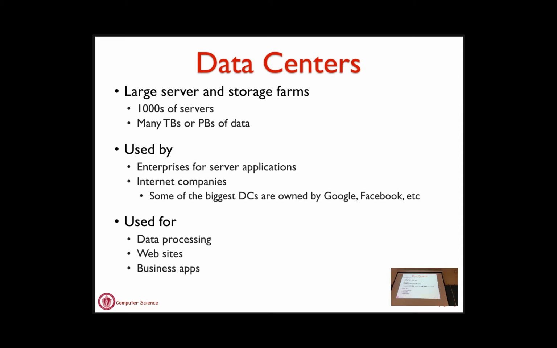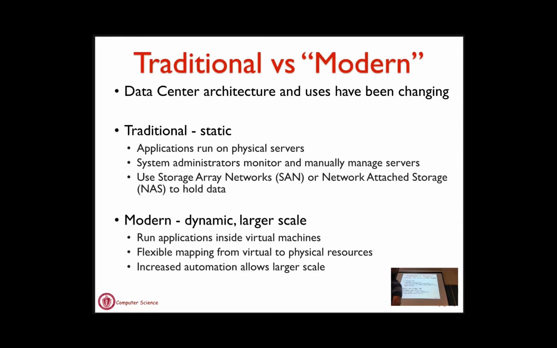Facebook uses exactly that, and Twitter, and we can go on and on. Okay? It's mostly used for data processing, websites, and business applications, but now also for machine learning and artificial intelligence, right? So you basically have multiple usages for these data centers that are emerging.